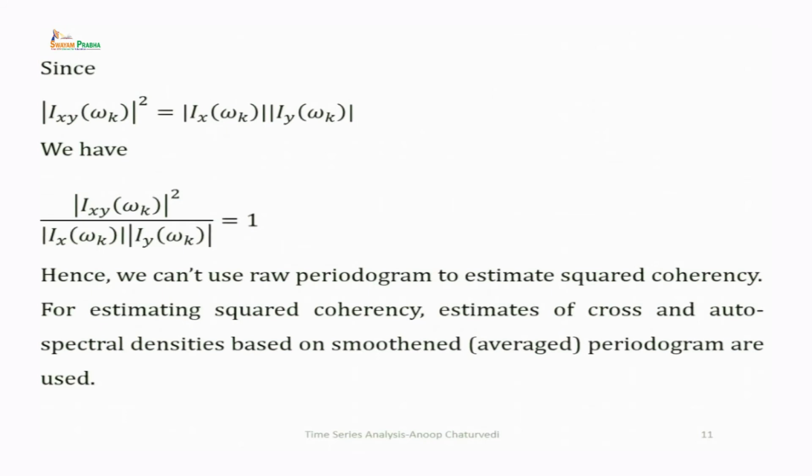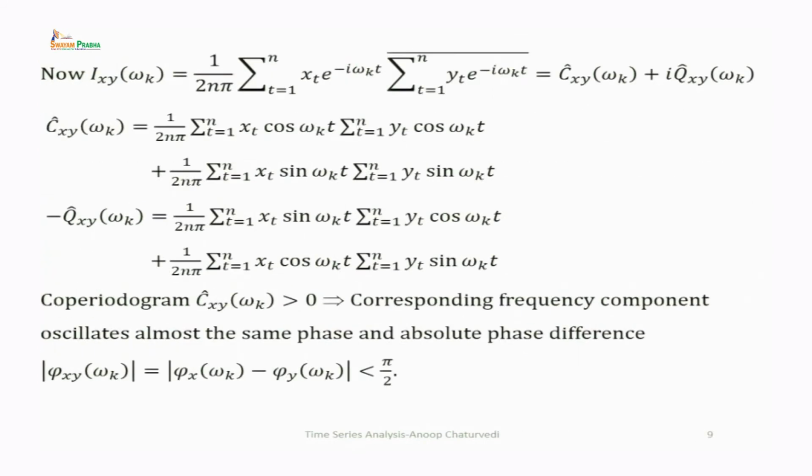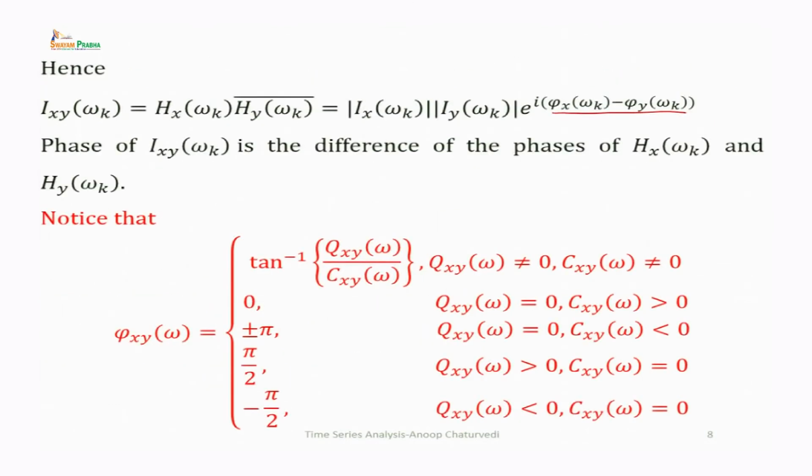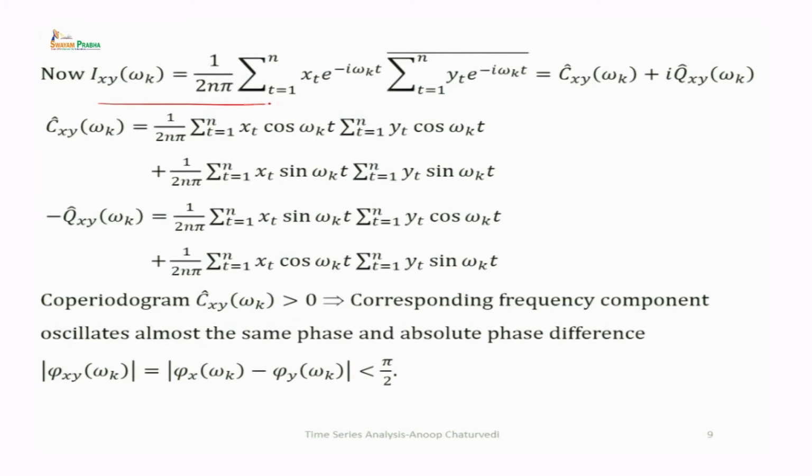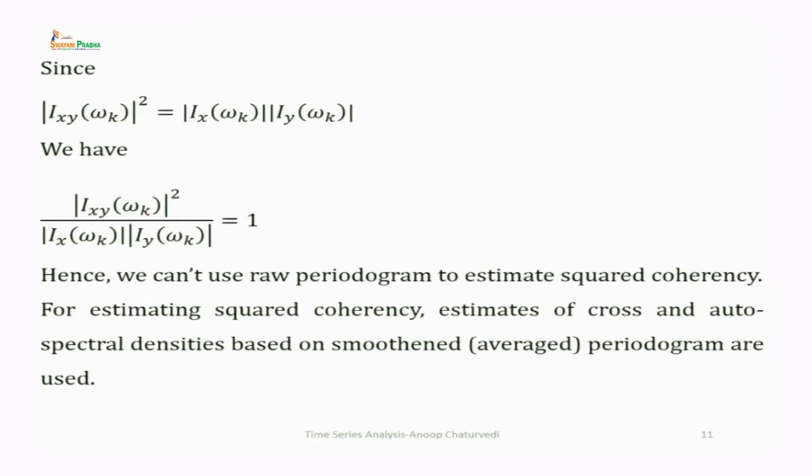For observing this, you just look at this expression for I_xy(omega_k). If you take mod of this term and take a square of this, then this is equal to mod of first term and then mod of second term. So, mod I_xy(omega_k) square upon mod I_x(omega_k) into mod I_y(omega_k) is equal to 1.